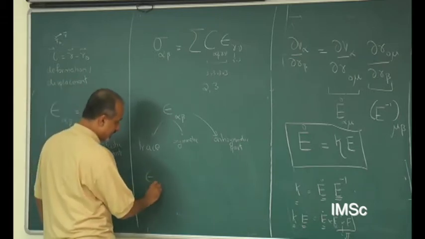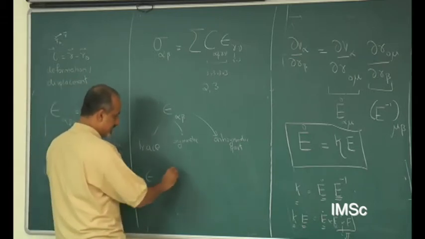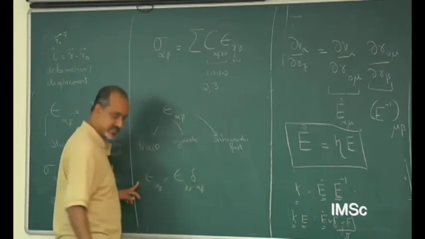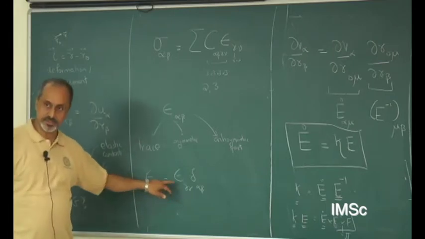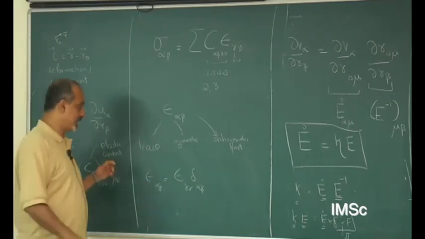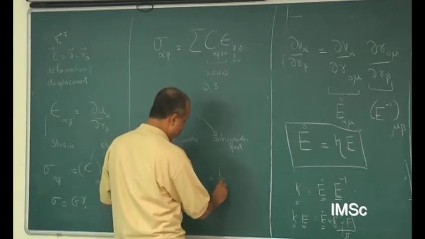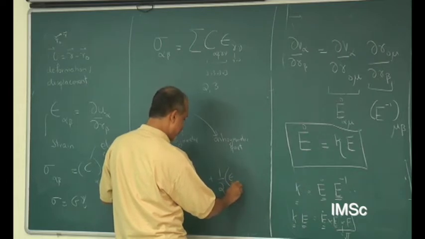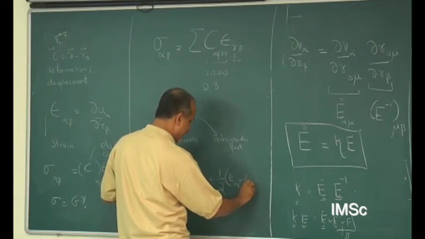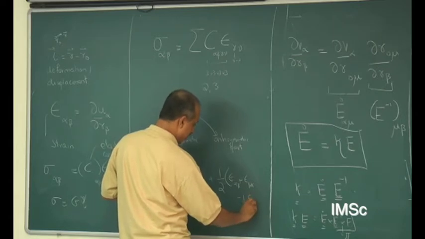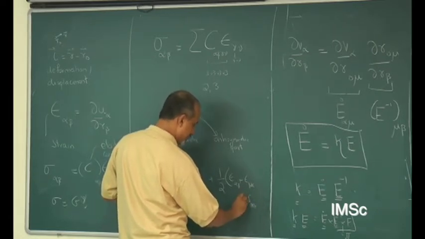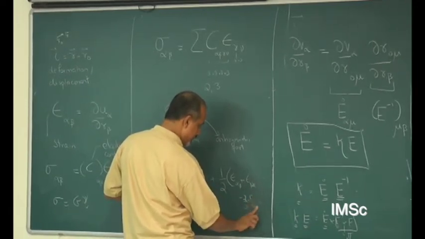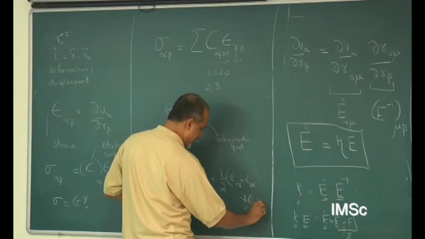So epsilon alpha beta, I can write as epsilon gamma gamma delta alpha beta. So this is the pure trace because I summed all of these. Then I can write this as 1/2 of epsilon alpha beta plus epsilon beta alpha minus 1/3, sorry, 2/3 delta gamma gamma of epsilon gamma gamma delta alpha beta.